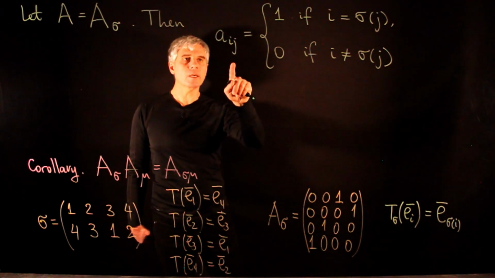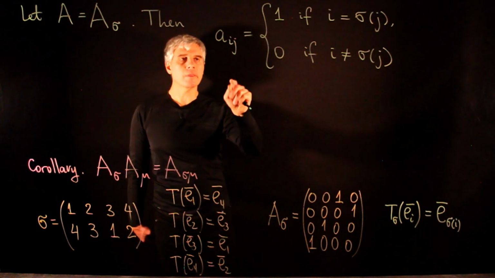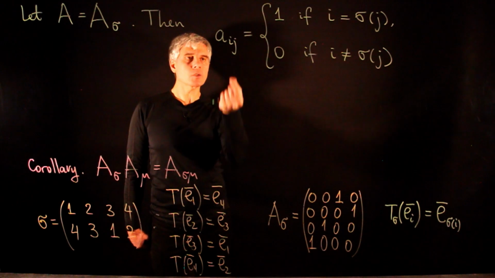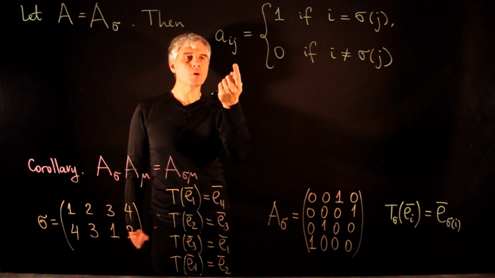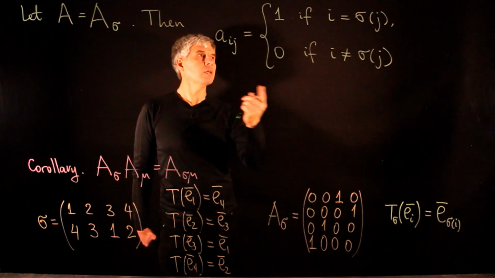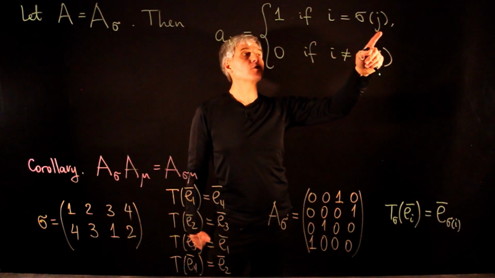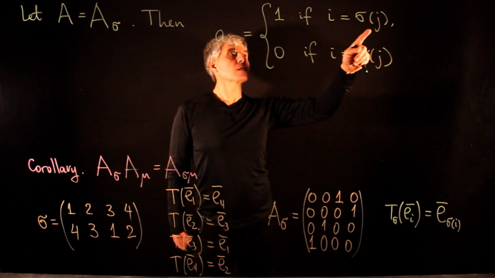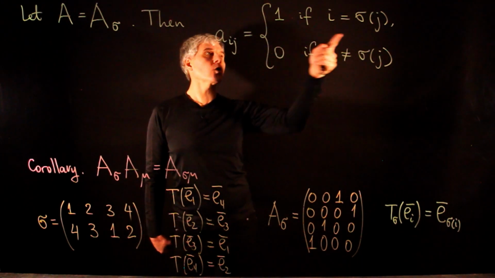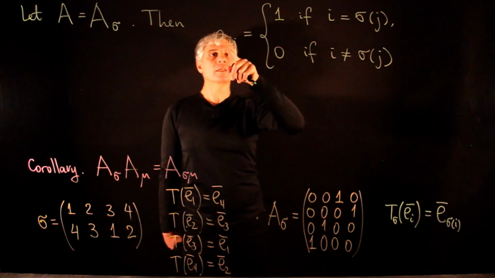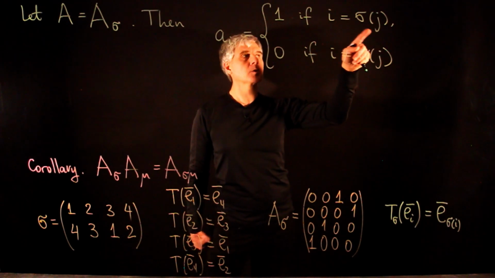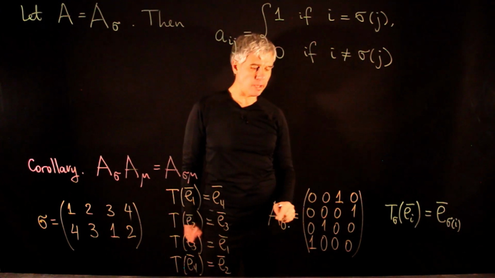So if we take column j, then this column will have a single entry 1, because this column represents the image of e_j, and the image of e_j is e_sigma(j). So this position 1 will be only in row sigma of j, and this gives us this formula. So we get 1 if i is equal to sigma of j, and 0 otherwise.